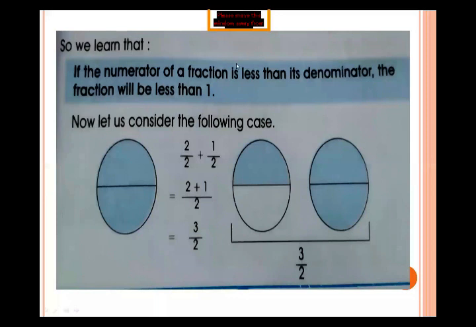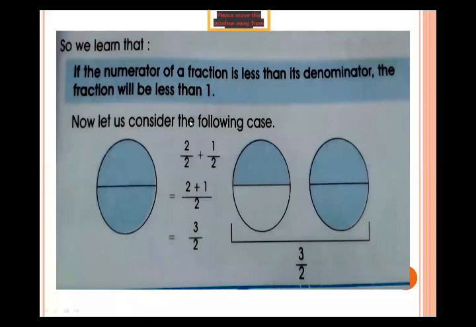Again I am repeating, if the numerator of the fraction is less than its denominator, the fraction will be less than 1, because from the total parts only one part is shaded. It means it is less than this one.